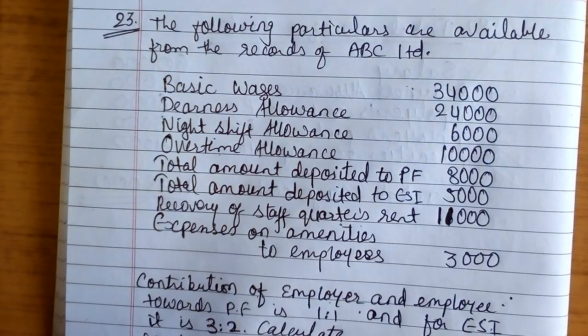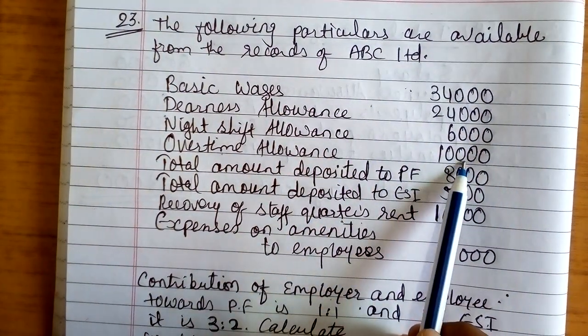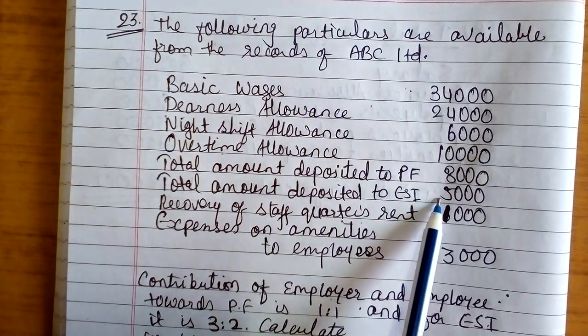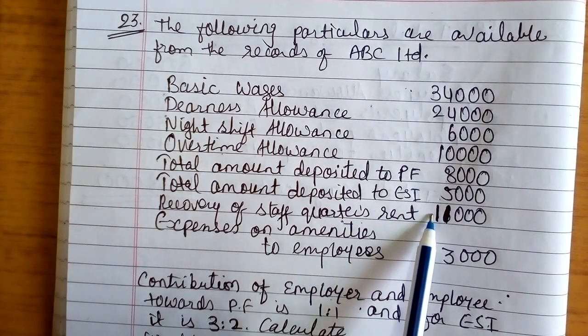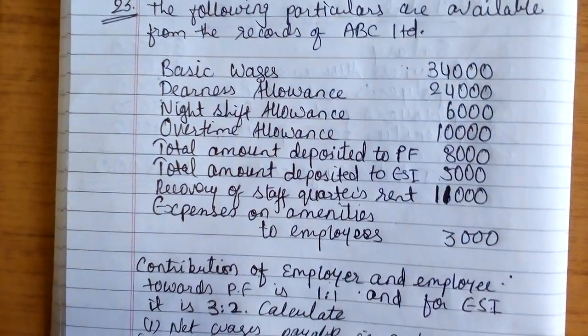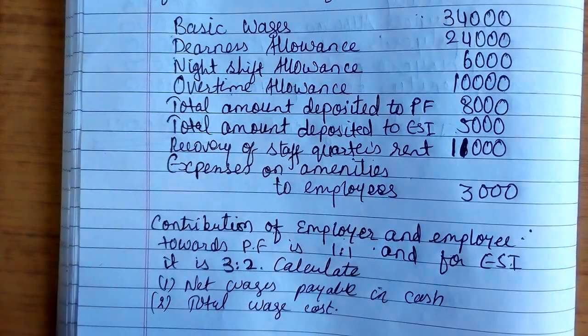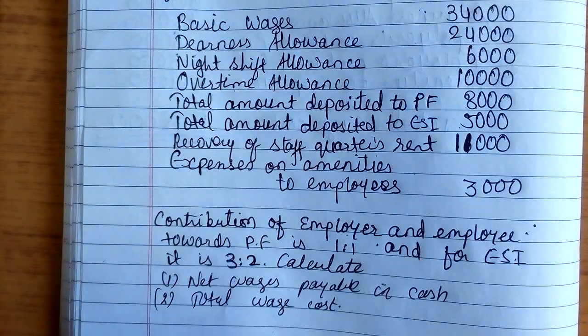Dearness allowance 24,000, night shift allowance 6,000, overtime allowance 10,000, total amount deposited to PF 8,000, total amount deposited to ESI 5,000, recovery of staff quarters rent 11,000, expenses on amenities to employees 3,000, contribution of employer and employees towards PF is 1:1 and for ESI it is 3:2. Calculate net wages payable in cash and total wage cost.